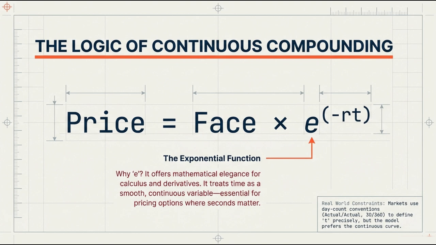Hugely. In derivative models, where you might be looking at price movements second by second or even microseconds, treating time continuously simplifies the calculus and makes the models far more tractable. But you still have to adjust for the real world. Oh, absolutely. You must adjust for market conventions, like the use of semi-annual compounding for most corporate and treasury bonds. But the internal, risk-neutral models generally default to continuous compounding for their elegance.